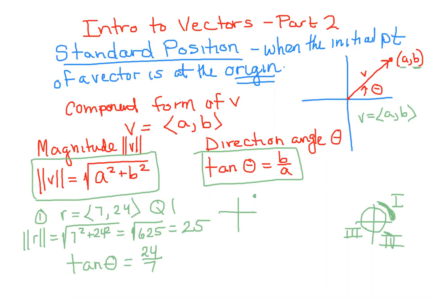You're going to put inverse tangent of 24 divided by 7 in your calculator, and you get 73.74. So theta equals 73.74 degrees. So our direction angle is that, and our magnitude is this. And we have the answer that we need.